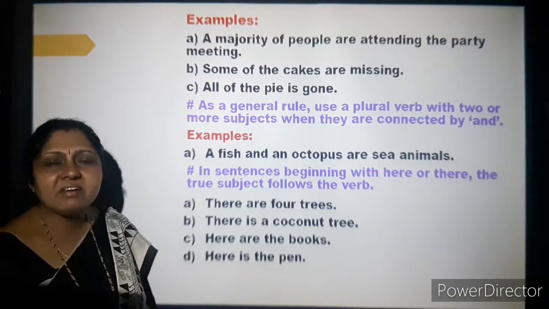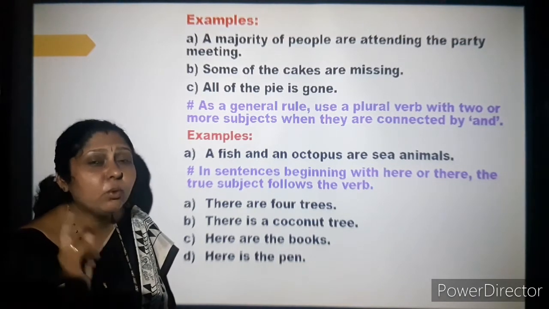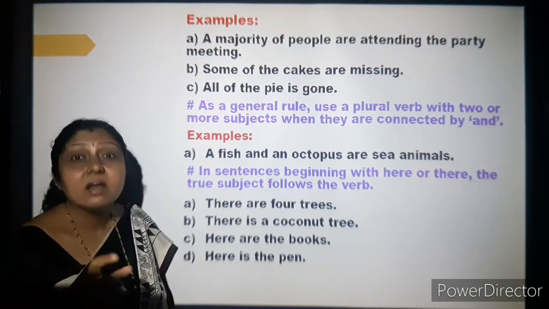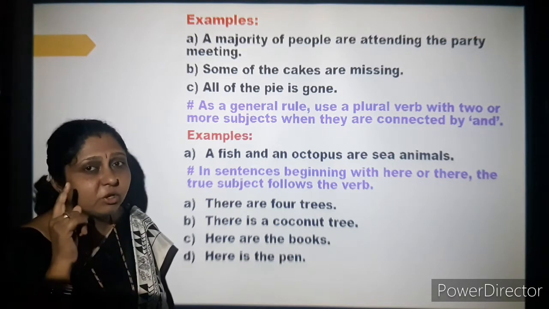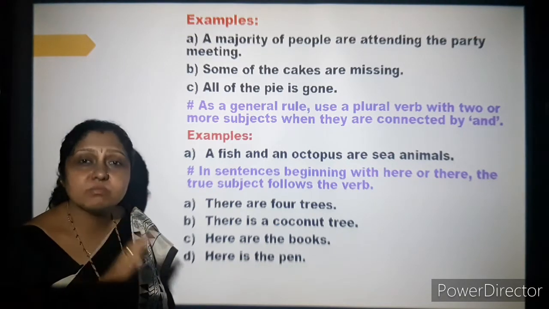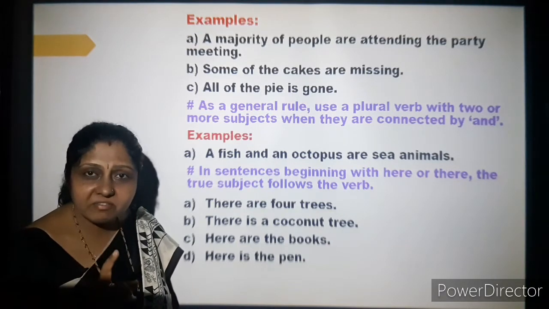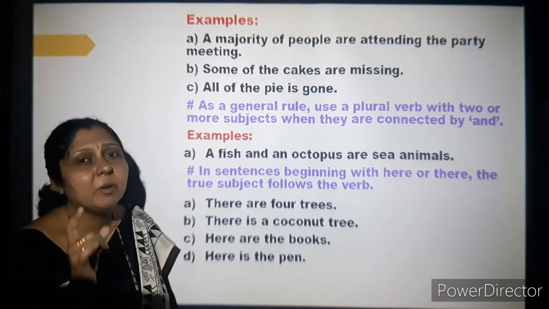So usually when it comes to subject-verb agreement, what is the rule? You have to identify the true subject or the main subject. This is one more thing you have to keep in your mind. When you go for subject-verb agreement in a sentence, you have to identify the true subject, the actual subject, or the main subject.